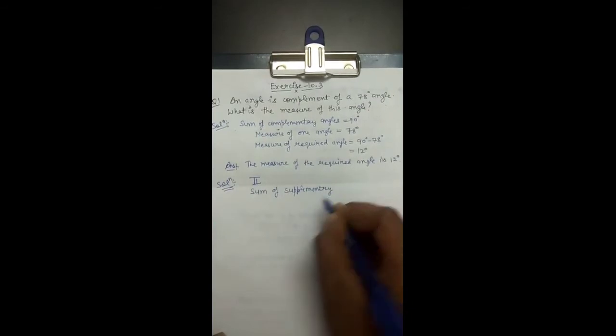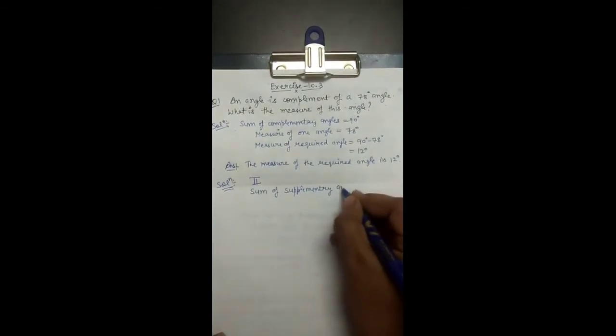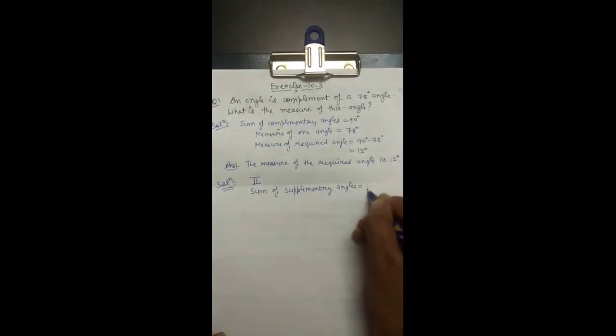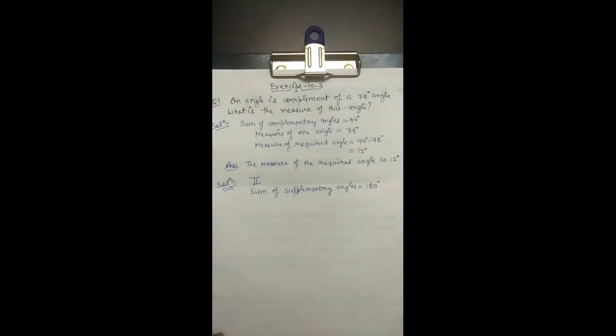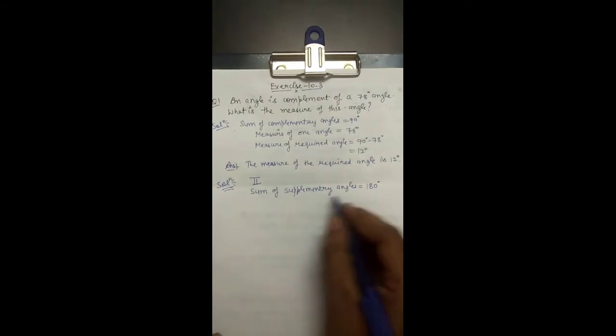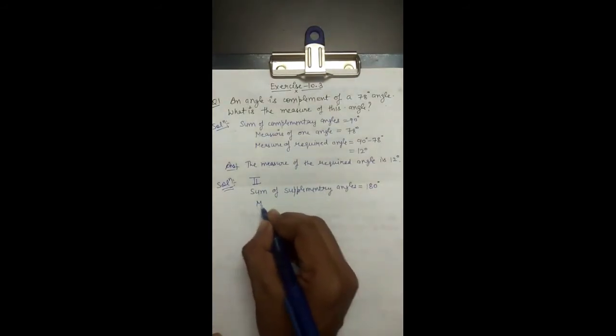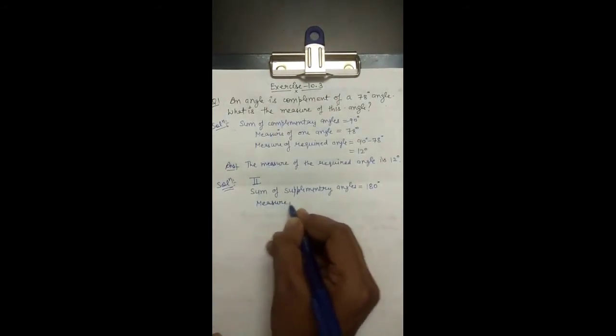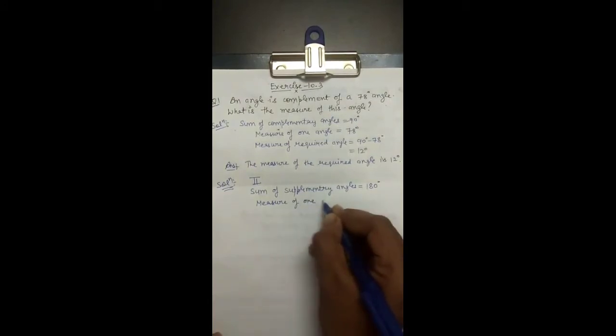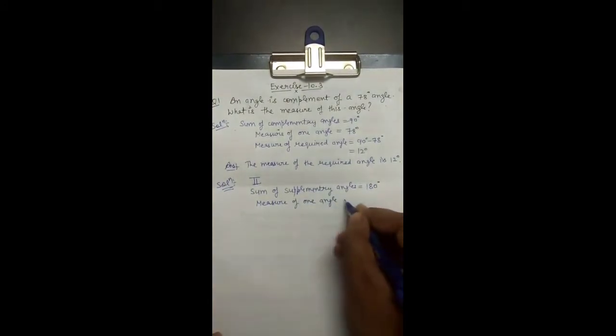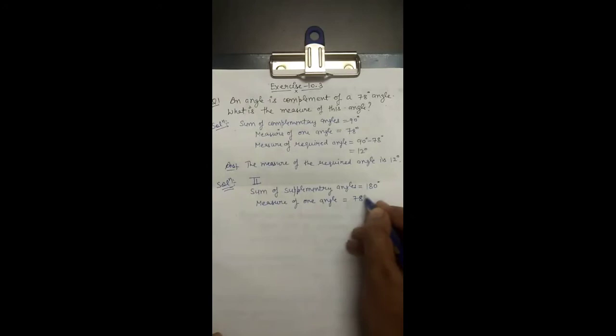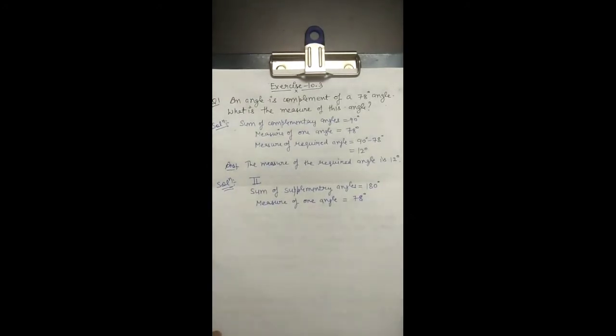The statement can vary; you can write the statement in many ways. So sum of supplementary angles equals 180 degrees. Measure of one angle, or first angle, or given angle, whatever you feel convenient with, you can write.